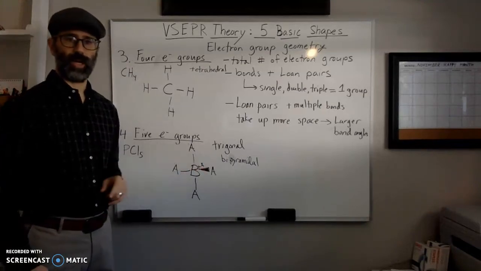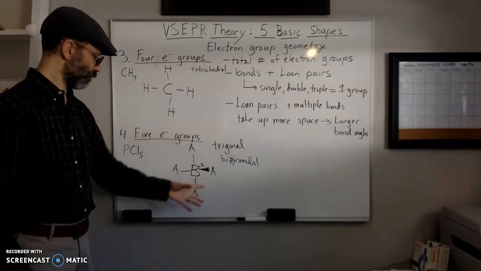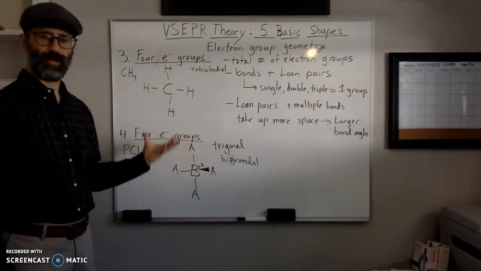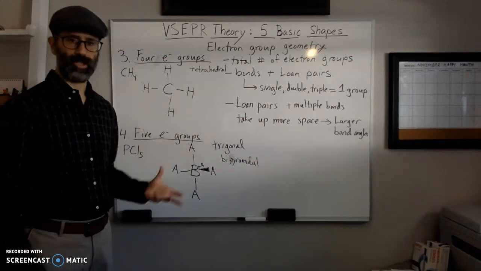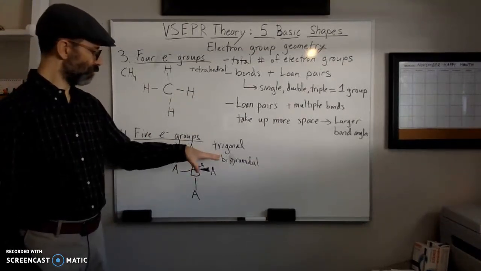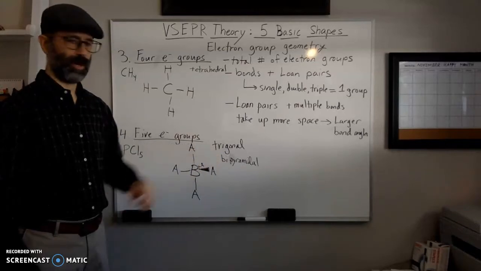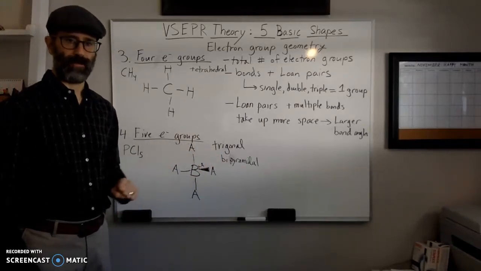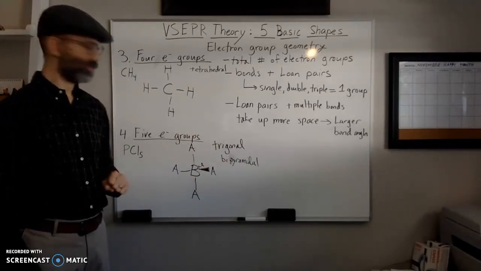So that's the shape of this molecule. Any molecules that have 5 electron groups total around the central atom, that's going to be electron group geometry of Trigonal Bipyramidal. Anytime you have a total of 5 electron groups.